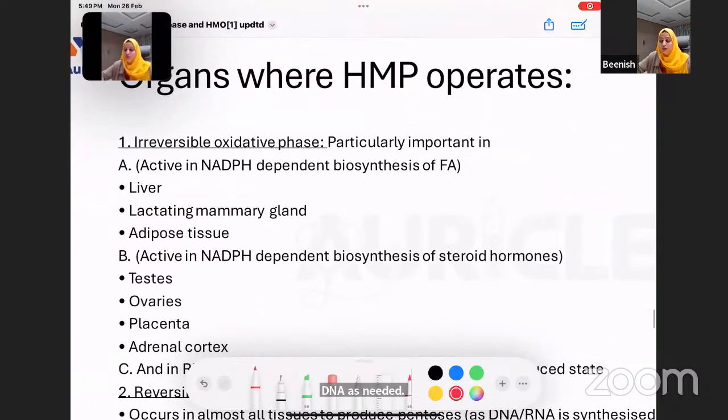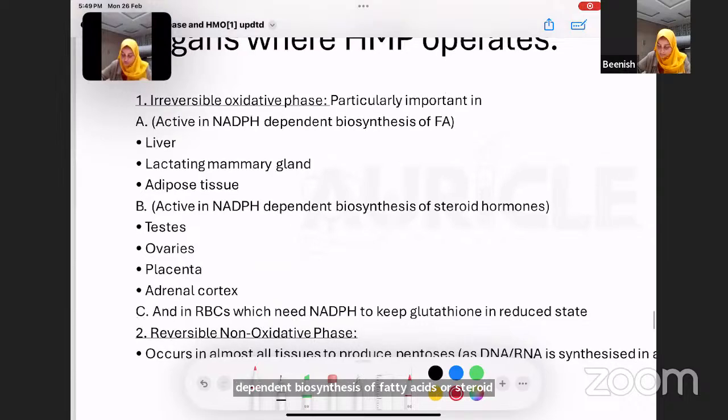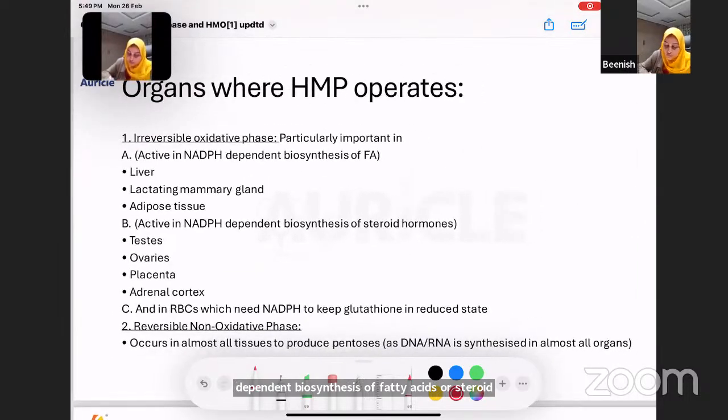Now, organs where your HMP operates. The irreversible oxidative phase is particularly important in those organs in which there is active NADPH dependent biosynthesis of fatty acids or steroid hormones. So, what are those organs in which there is reductive biosynthesis of fatty acid taking place?